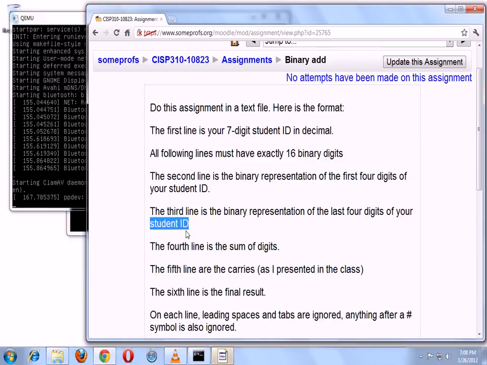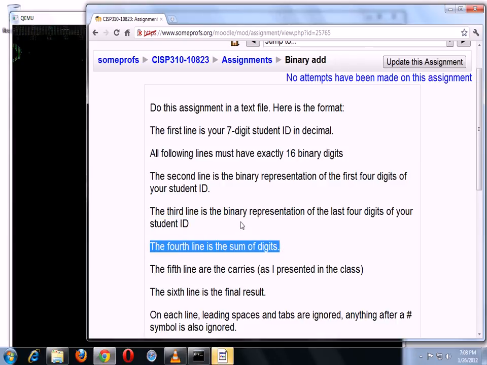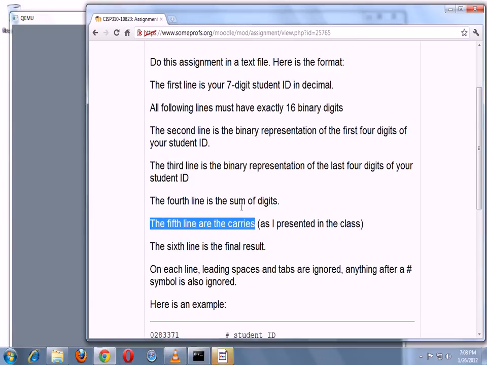The fourth line is the simple sum of the digits using the rules. 1 plus 1 is 0 with a carry. 1 plus 0 is 1 with no carry, and so on. So you don't have to take the carry from the previous, or less significant, digit for the fourth line, because that's the job of the fifth line. The fifth line is only used to represent the carry bits from the previous digits.